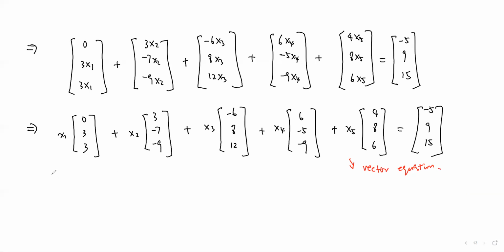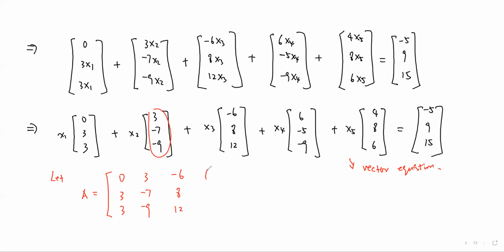Okay, now let me form a matrix first. Let me call it matrix A. First column is this vector: 0, 3, 3. Second column is this vector: 3, 7, 9. Third column, 6, 8, 12.